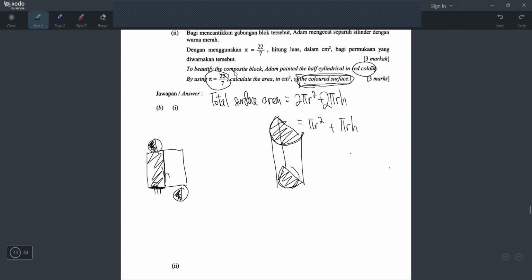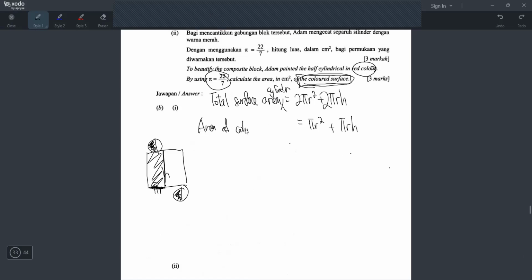Okay, I think I have to erase this. Need more space. So the one above is the total surface area for a cylinder. But now I'm using this formula to find the total surface area for a half cylinder, right? So I'll just write area of colored surface.